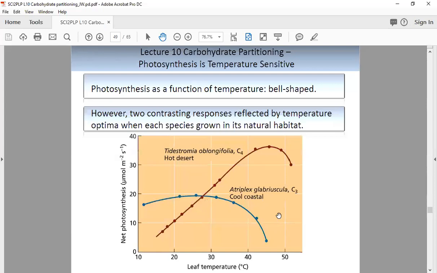There is evidence that the activity of Rubisco enzyme decreases at high temperatures because of the temperature effects on another enzyme which activates Rubisco, and that other enzyme is called Rubisco activase. So these opposing effects dampen the temperature response of photosynthesis.